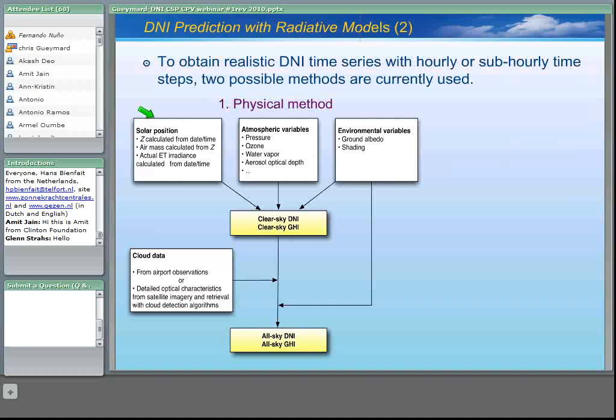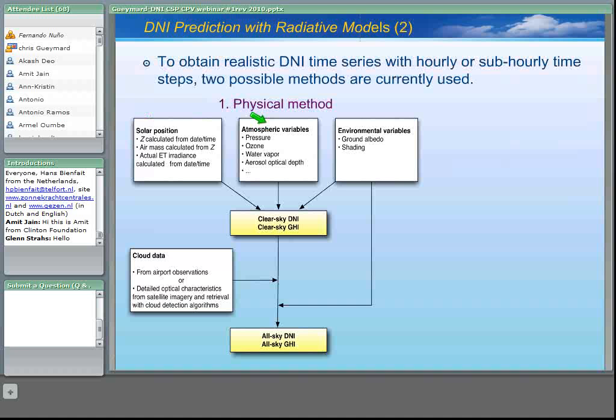here we first have to calculate the solar position, which means the zenith angle from date and time. The air mass is calculated from zenith angle. The actual extraterrestrial irradiance is also calculated from date and time. So this is the easy part.